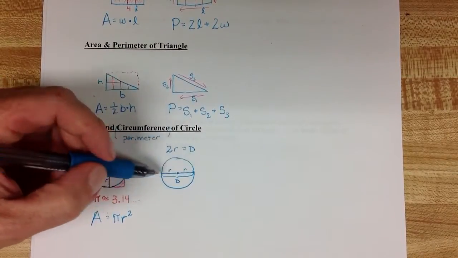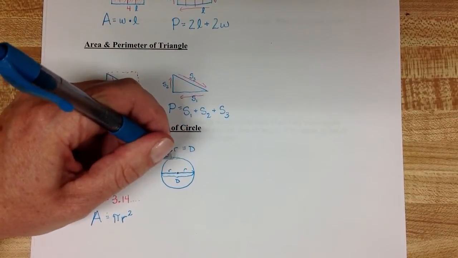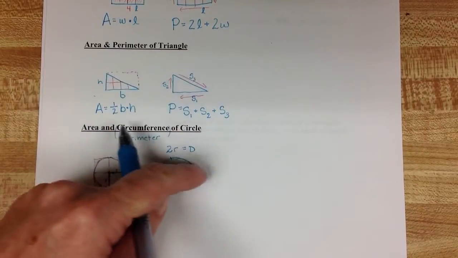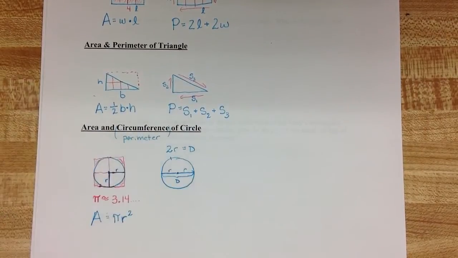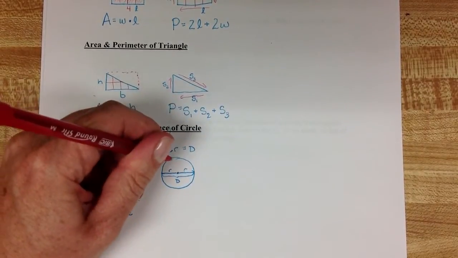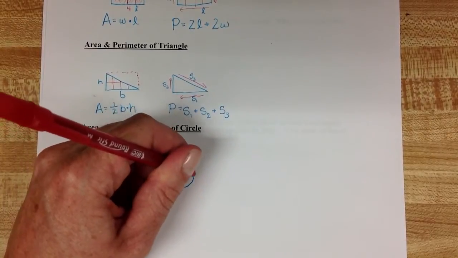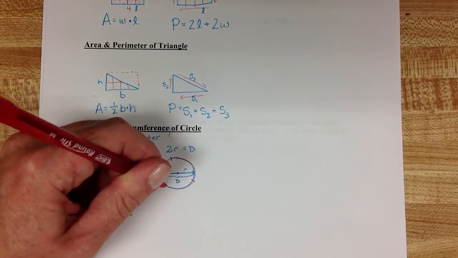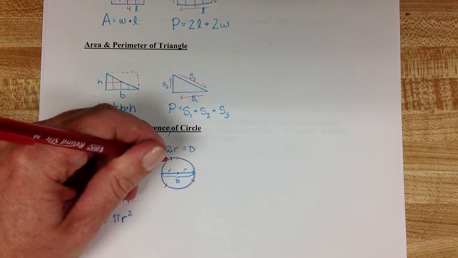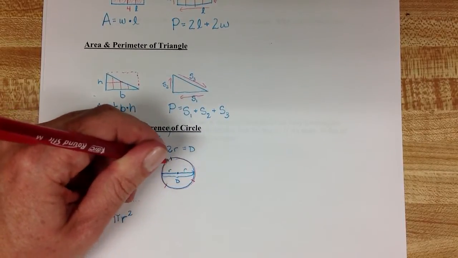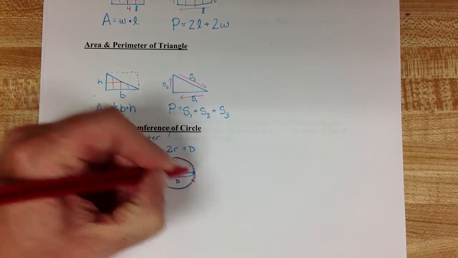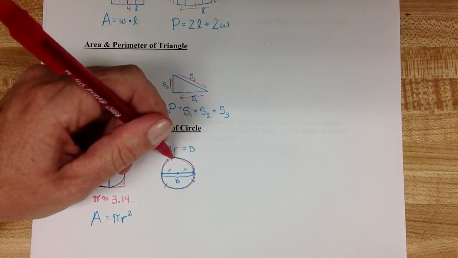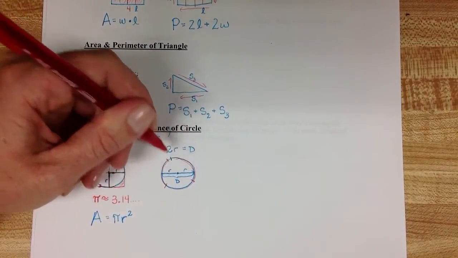If you take that diameter and you use that length to trace around the outside of your circle, you can go 3 and a little bit more diameters to get around your circle.